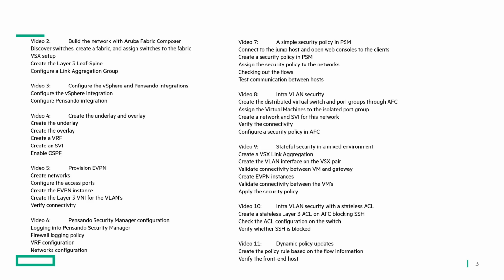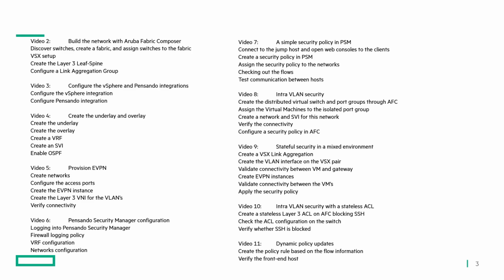Let's check out what we've done so far. In video 2, we did the discovery of the switches, creating fabrics, assigning switches to the fabric, creating the layer 3 leaf spine, creating a VSX, and configuring link aggregations. In video 3, we did all the integrations with vSphere and Pensando.